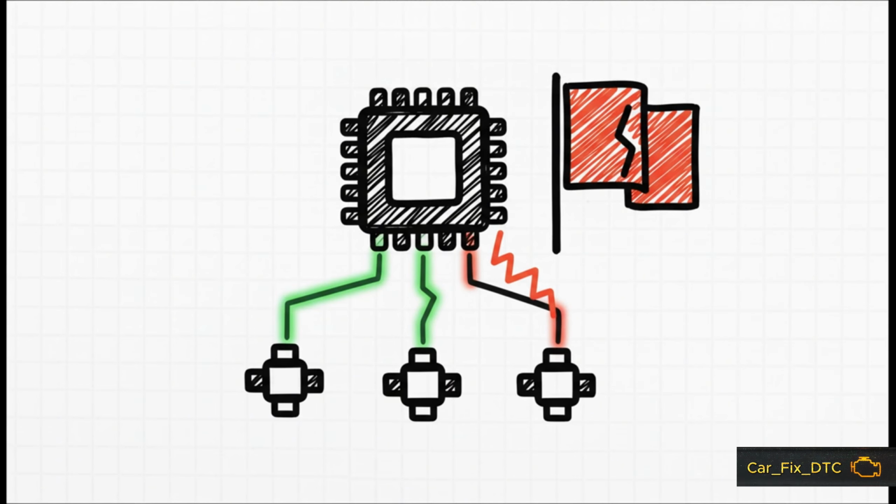The brain in your car is the powertrain control module, or PCM. It's the big boss. The nerves are those 3 exhaust gas temperature sensors we talked about. And the problem? The nerves are sending mixed messages about the temperature to the brain. When the brain gets these contradictory signals, it can't do its job right, so it throws up that P117B code to let you know something's wrong.